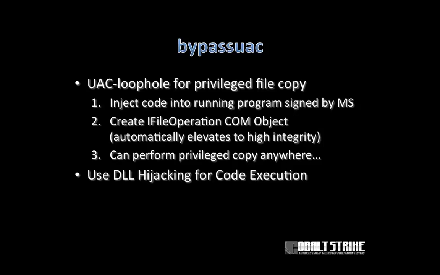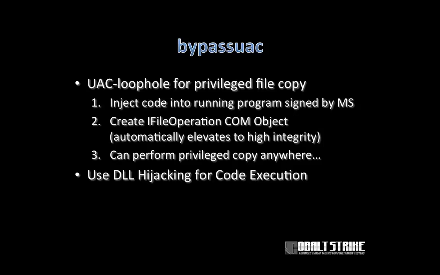Now that I've got my malicious code running in the process space of this safe, specially treated Microsoft program, I can do some special things. For example, I can load COM objects that receive special treatment when they run from a Microsoft program. So this attack loads the IFileOperation COM object.